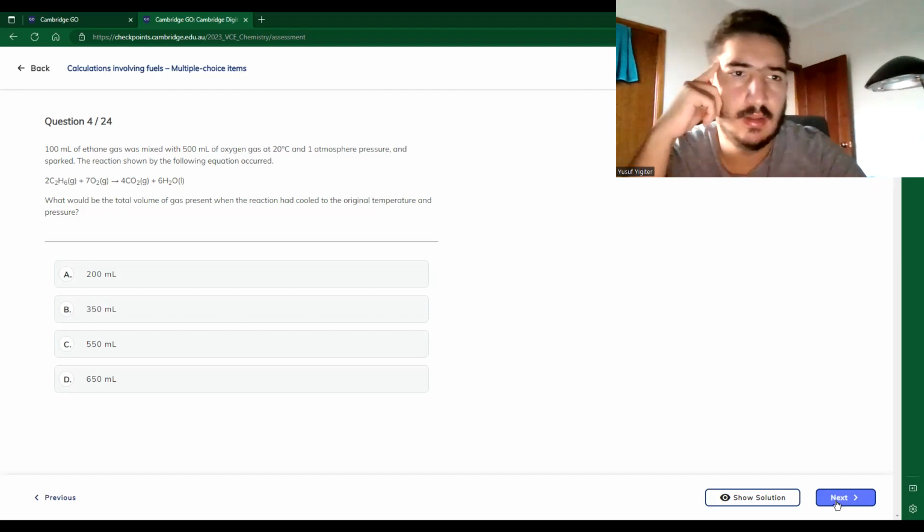How are we gonna find excess amounts of oxygen? Because we found the total. Here the total that's given.